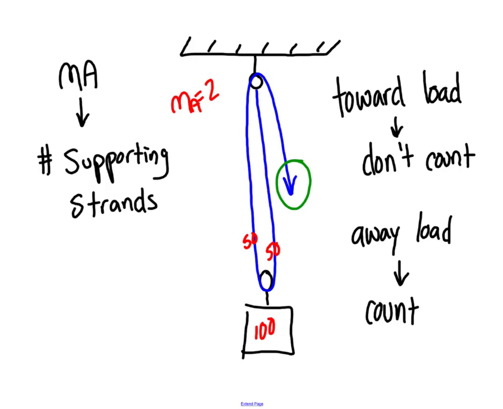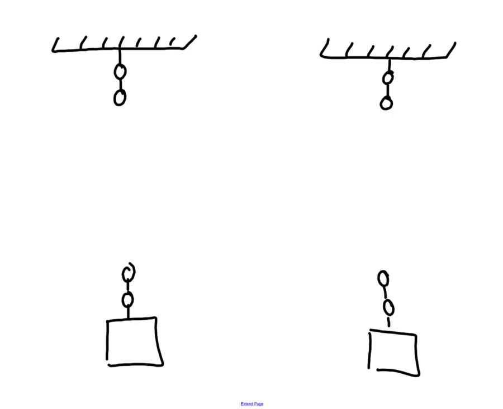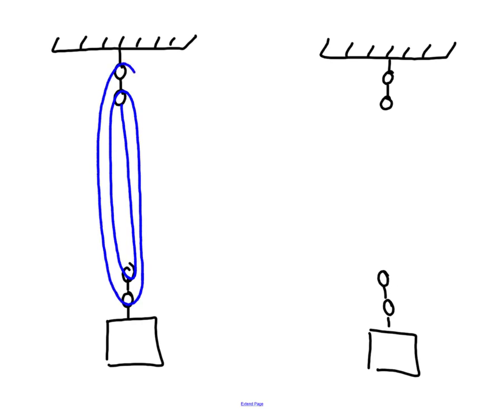So let me give you two examples of how this works. So we have two fixed pulleys, two movables. So we have that.